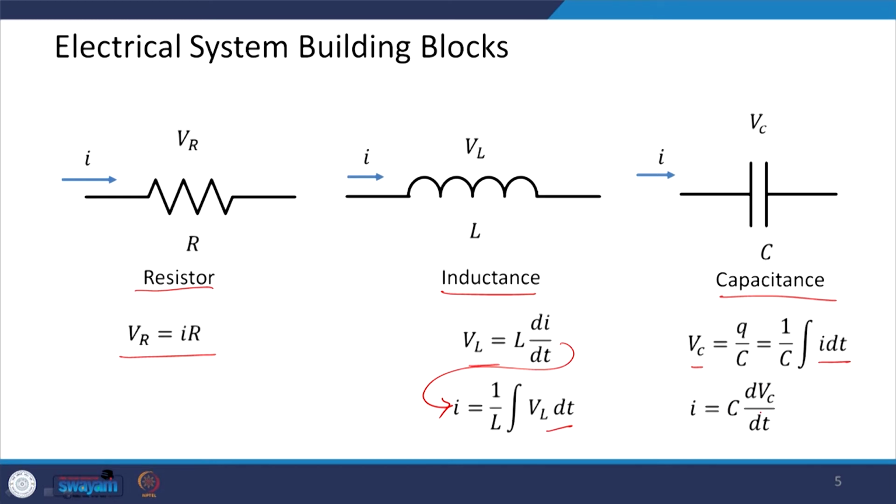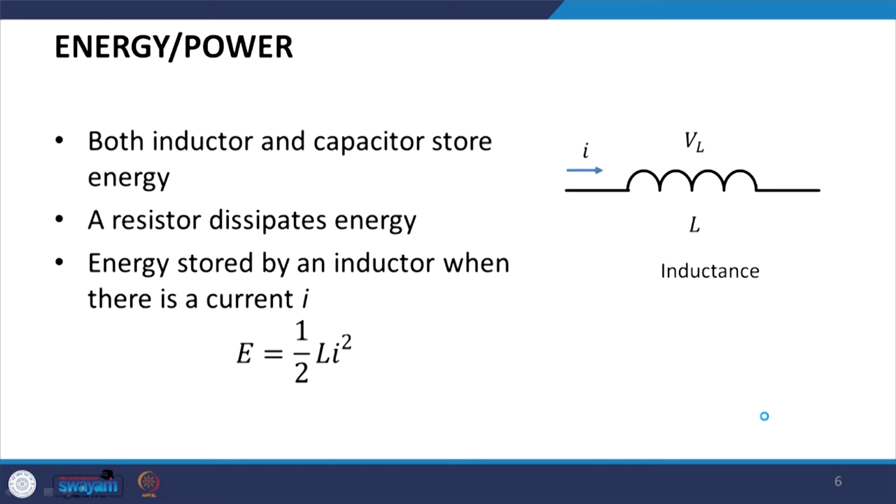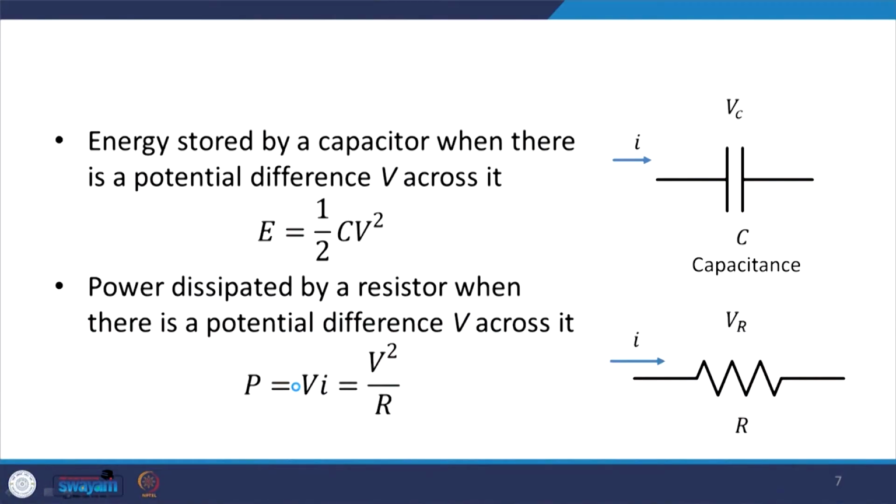Now, what about the energy and power? Both the inductor and the capacitor store energy, and a resistor dissipates energy. The energy stored by an inductor carrying a current I is half L I square, and the energy stored in a capacitor is half C V square.